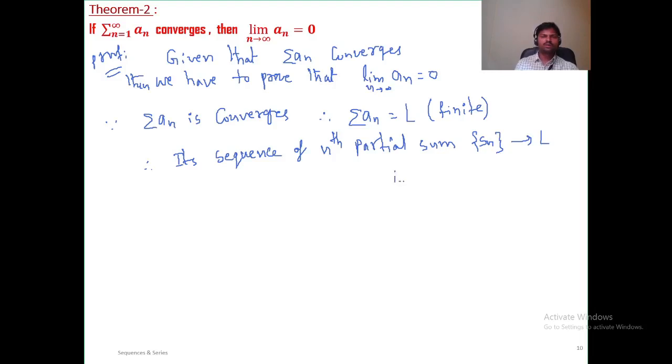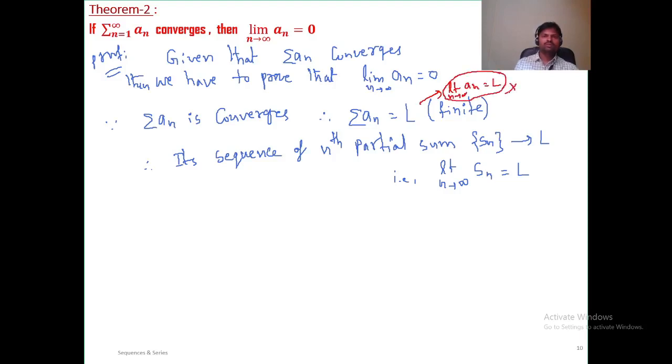That means limit n tends to infinity, Sn is equal to L, right? Because sequence converging to L means limit n tends to infinity, Sn is L. See, series AN is L, you don't write therefore limit n tends to infinity, AN is L. This is wrong, absolutely wrong.